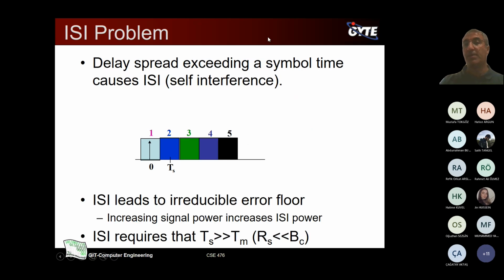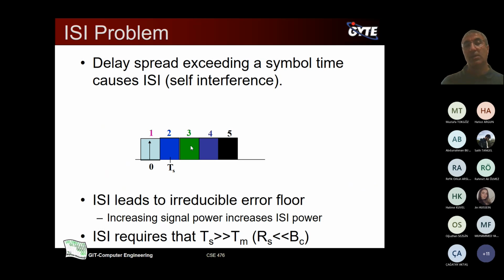We have another big problem in the mobile communication system, which is the intersymbol interference. So simply, I transmit my signal within this duration, the bit duration, but because the channel can spread, it can leak to the blue, green, even the black one.